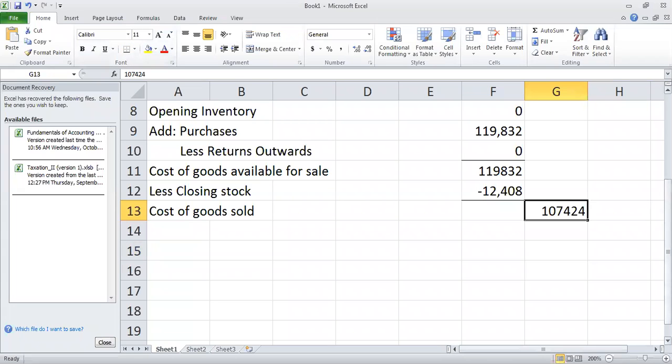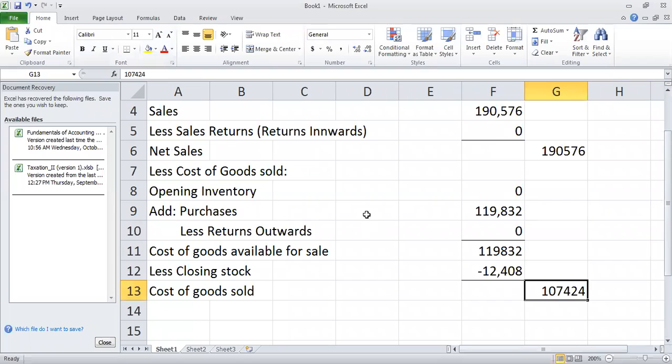Remember, you're subtracting cost of goods sold from sales, so this should be in brackets as well, since you don't write "less" right here. So you're going to subtract the 107,424 from the 190,576.